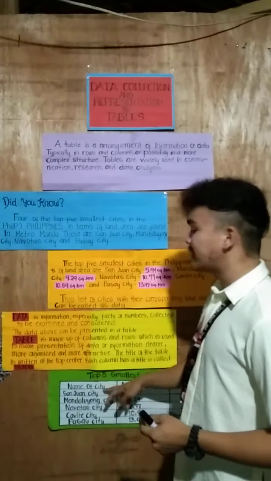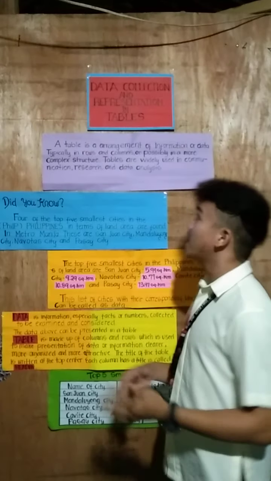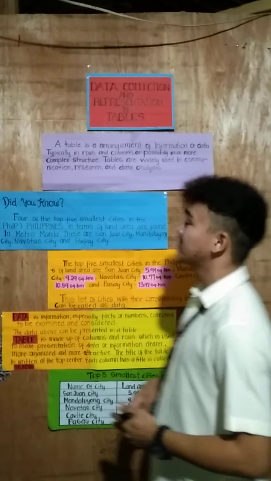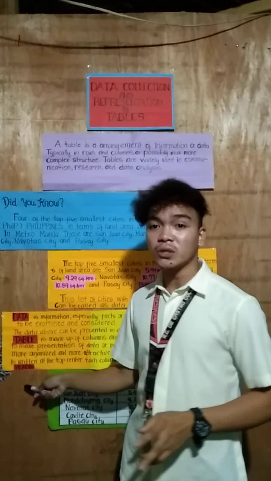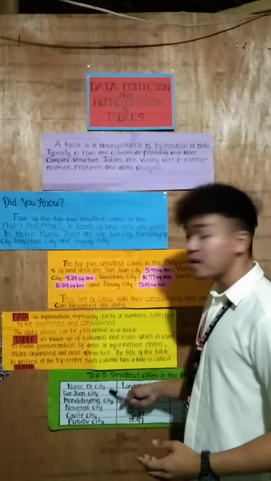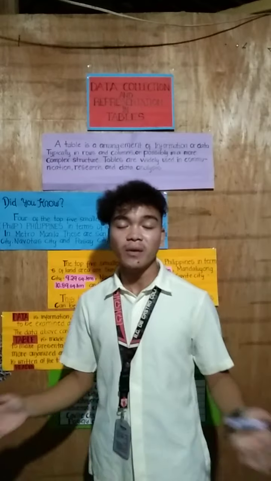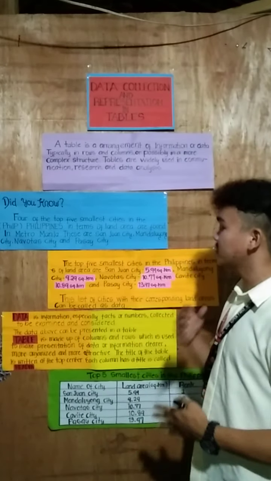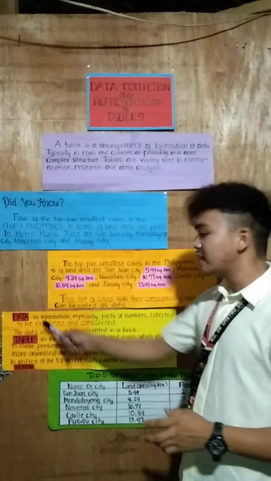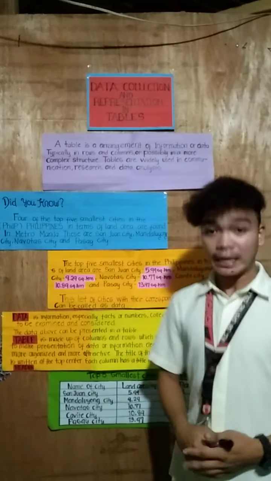So we are going to identify the parts of data collection and representation in tables: the data, the table, and the column headings. I have here an illustration for us to identify these parts.